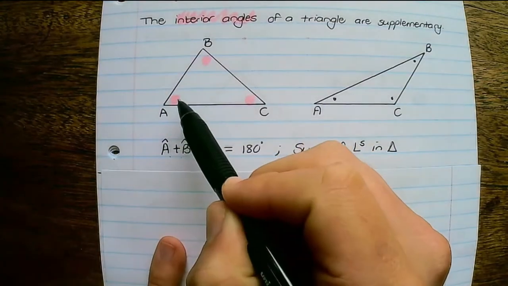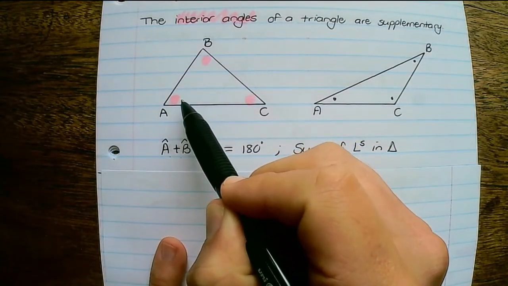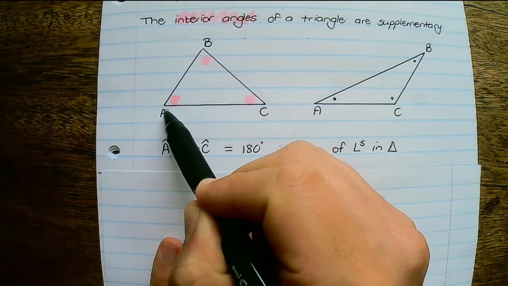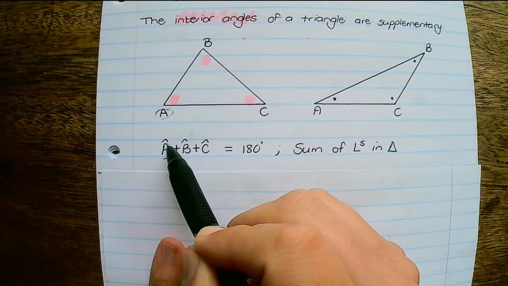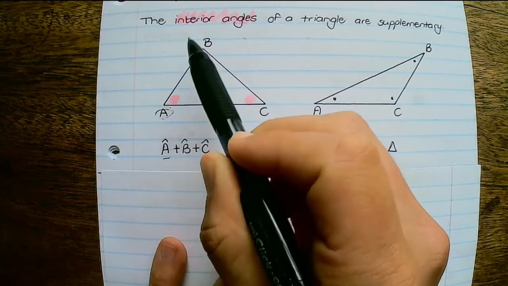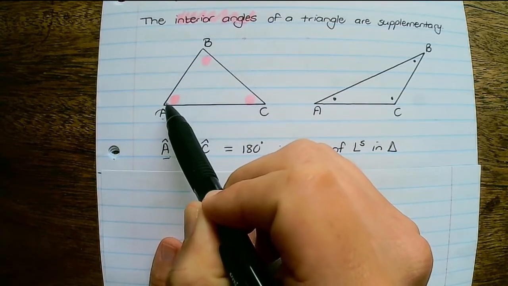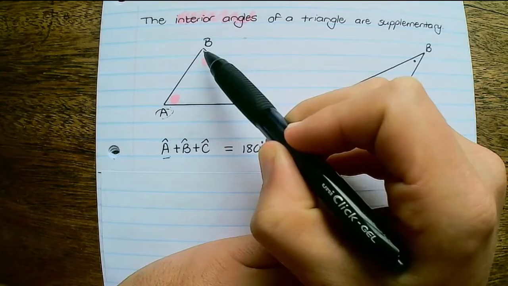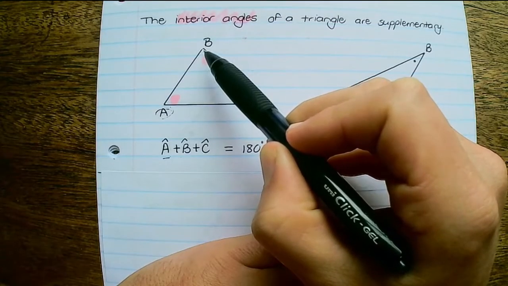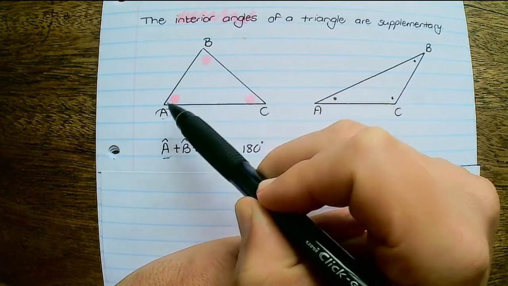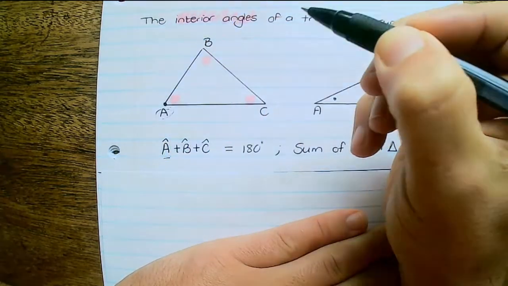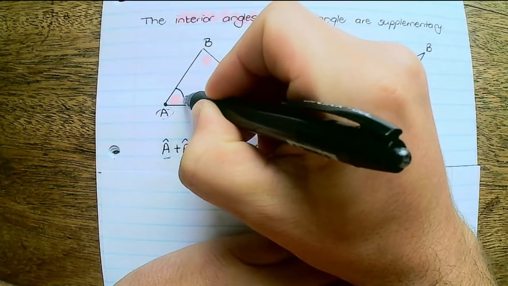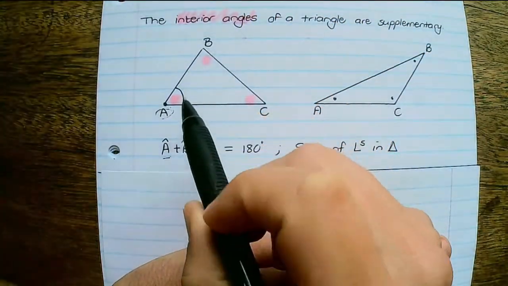Notice that there wasn't a letter on the inside of this angle, so I'm using a capital letter A with a little hat on it to refer to angle A. So I'm using this vertex. If you don't know what vertex means, it is where two lines meet each other. So this point is called the vertex, and that angle then is formed between those two lines.